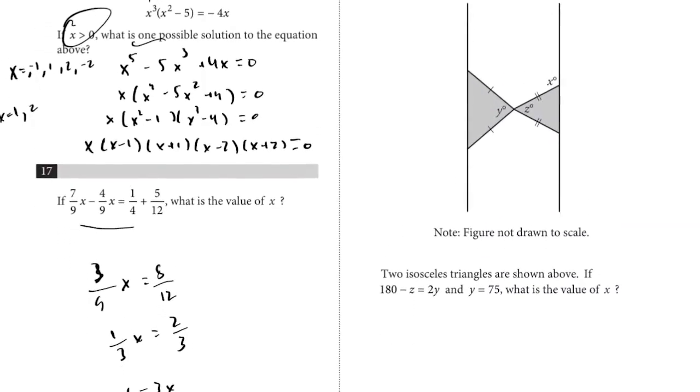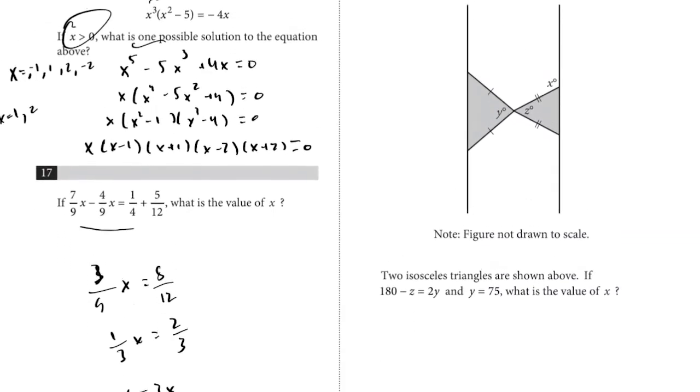Okay, question 18. When two isosceles triangles are shown, if 180 minus z equals 2y and y equals 75, what is the value of x? Okay, so we have 75, and then 180 minus z equals 75 multiplied by 2, which is 150. That means z is equal to 30 right here. And since this is an isosceles triangle, these two angles are going to be equal.